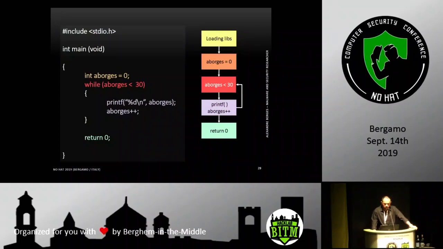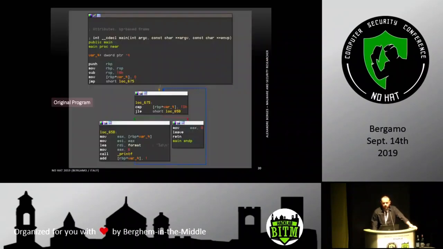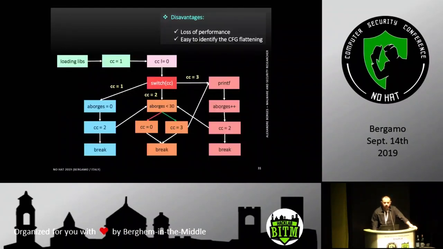As you see, we have here a linear execution, but after applying code flattening, you will see a very different picture. For example, here we have a linear execution in IDA Pro, which is quite easy. But after using code flattening, we have a multi-branch execution.